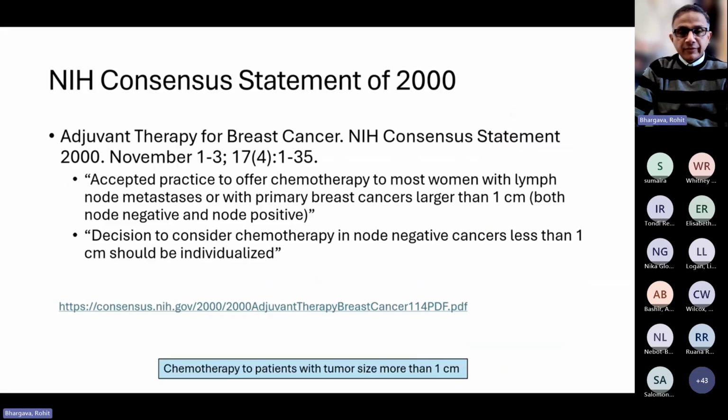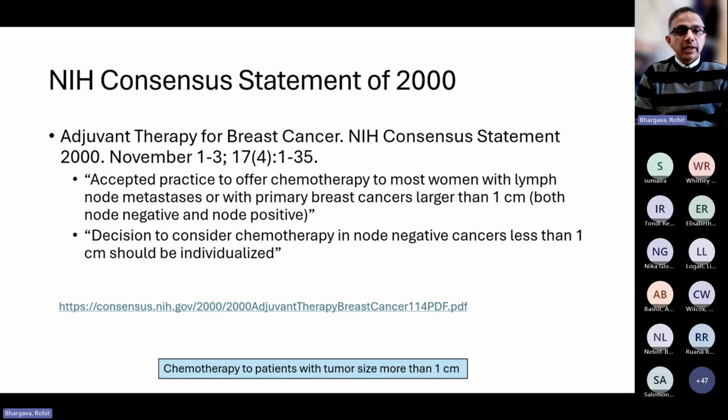For that, I think we have to go a little bit back. The historical perspective is that more than 2 decades ago, at least in the United States, this was a very authoritative document that was published in year 2000. In this NIH consensus statement, which mentioned that it is accepted practice to offer chemotherapy to most women with lymph node metastases or with primary breast cancers larger than 1 cm, both node negative and node positive.